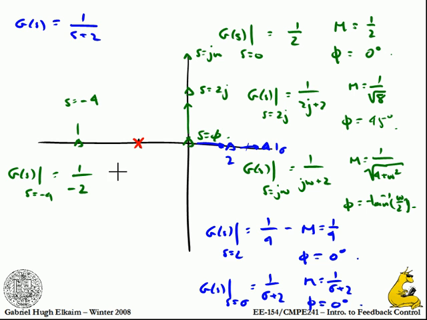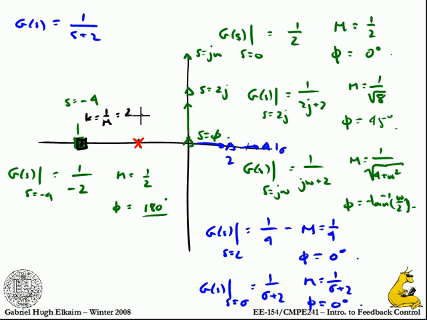So this has a magnitude of 1/2 and a phase of 180. Ha! Found the spot. So for this specific spot, for the root to be right there, I say that the gain has to be equal to 2. K is 1 over M, which is equal to 2.